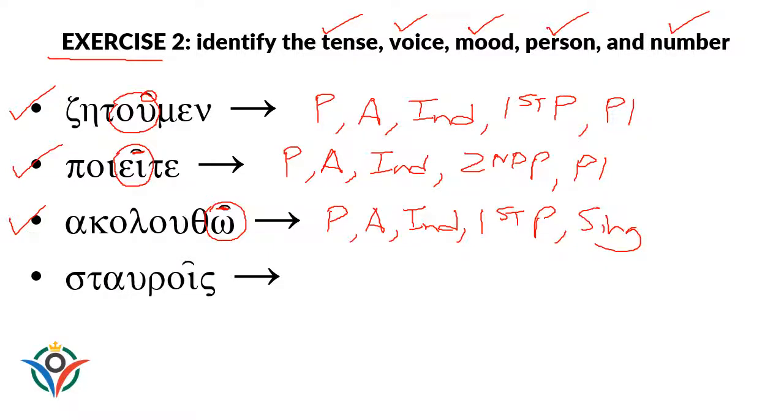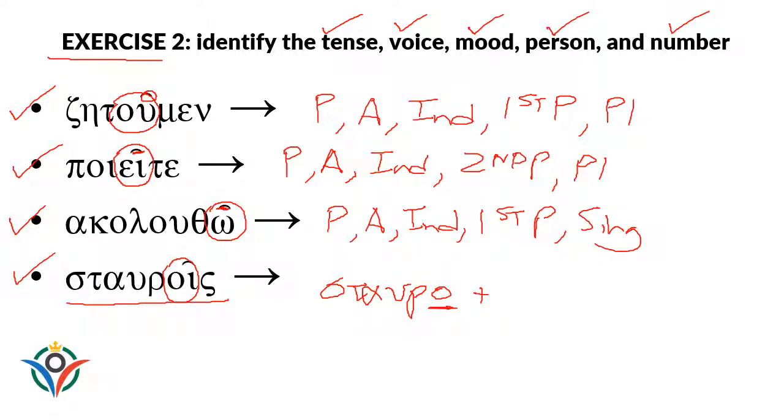And then the last verb might look very foreign to you, so I just want to show you what contraction has taken place here. So we have the diphthong. So the word is starois, and this is a contract verb, so it ends in a contract vowel. So it would be stara, all right, ending in the omicron.